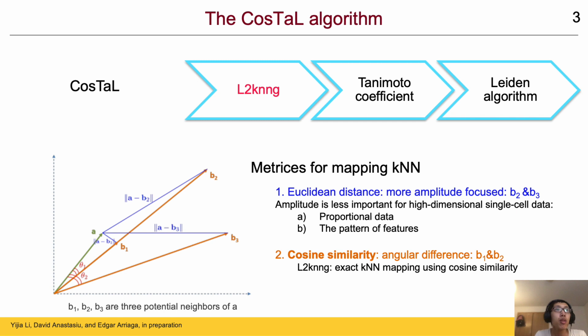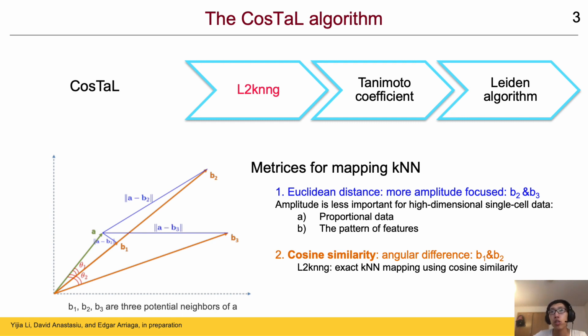So again, both the Euclidean distance and cosine similarity are used for mapping the KNN, and as a matter of fact, these two are the most widely used. But we reason that cosine similarity will be a better choice based on the fact that most single-cell data are sparse, and also they are proportional data. Which means that the pattern of the features rather than the amplitude is the real contributor to how similar they are. And if we take the angular distance, it might be a better fit.